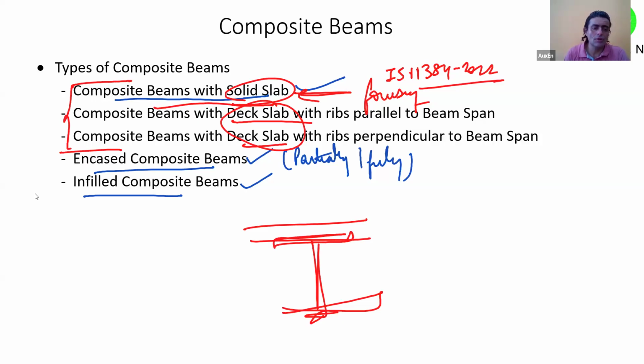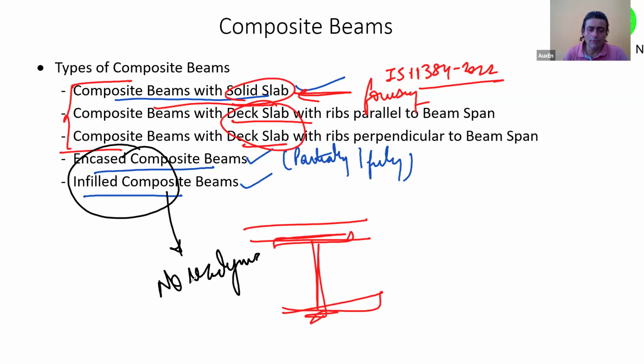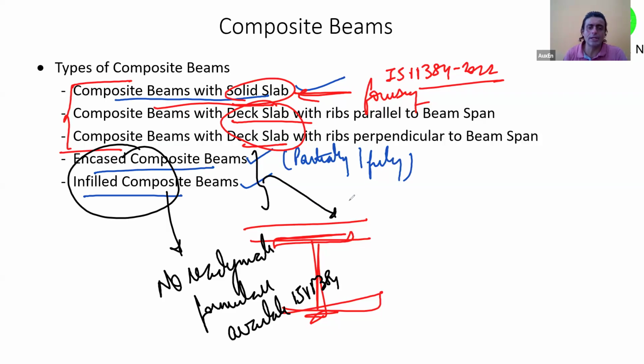But then we may also want to use encased and infilled beams. So there are no ready-made formulae directly available in the Indian code as such. But we will discuss the design of these beams also through some easy jugaad.